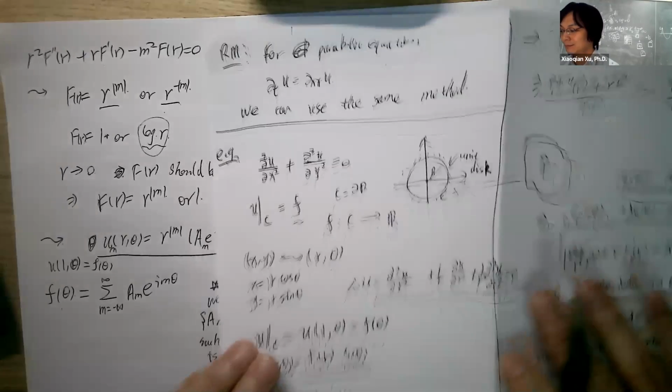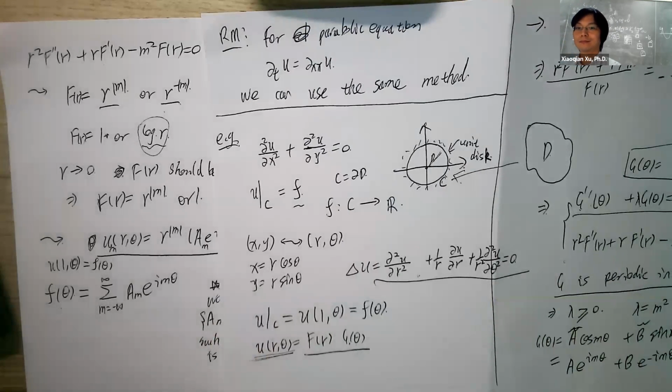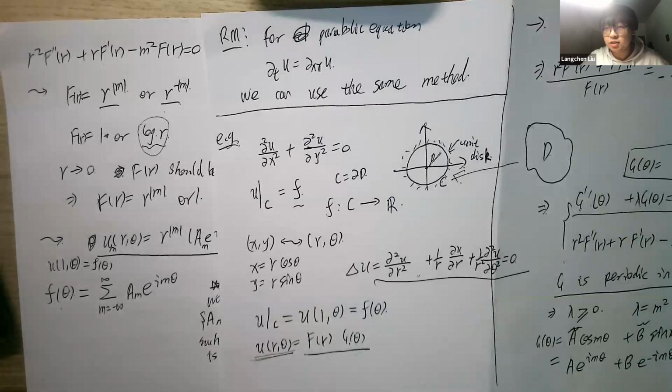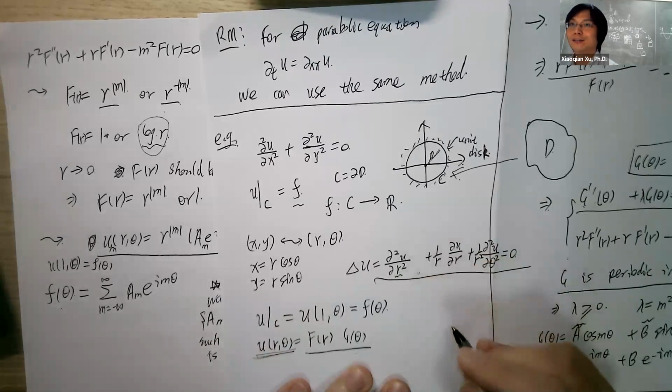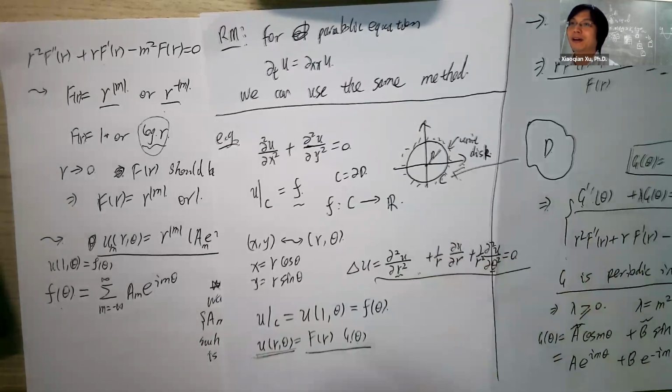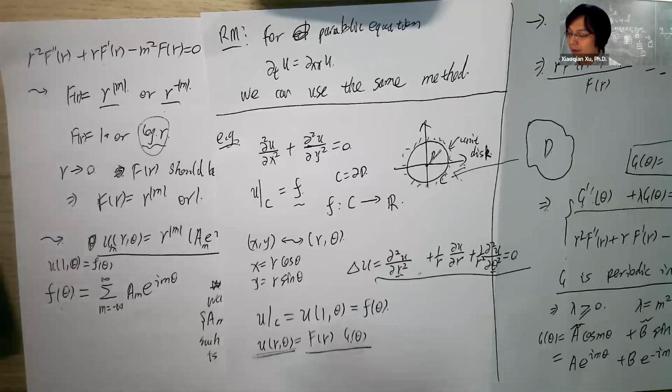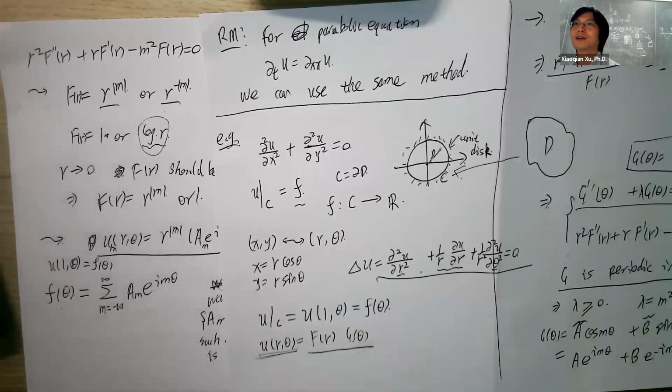And in this case, we do the change of variables from Cartesian coordinates to polar coordinates, and we get the Laplacian with respect to r and theta. Why does it get this kind of result? I tried computing a little bit, but I cannot get this result. Well, you have the second order r derivative, second order theta derivative, but then you will have something like the first order as well.